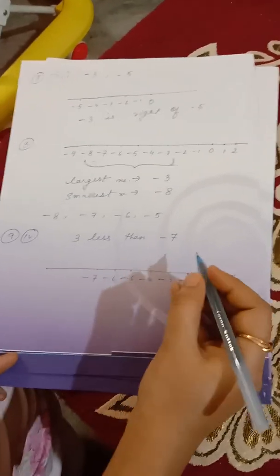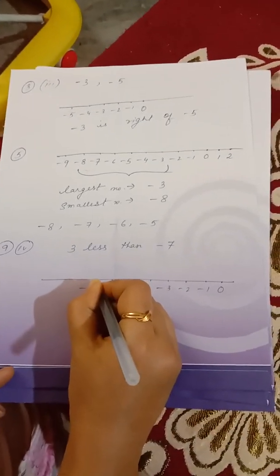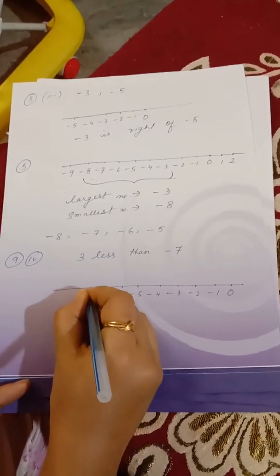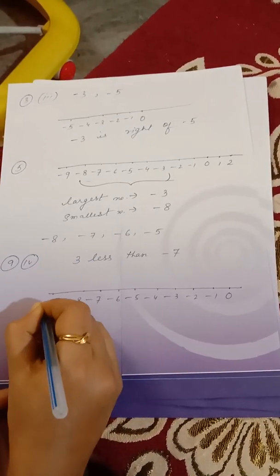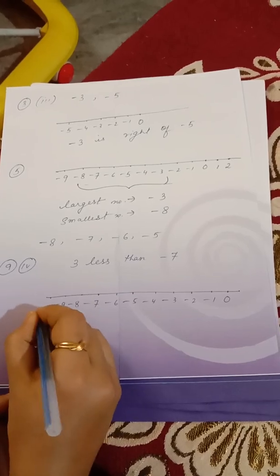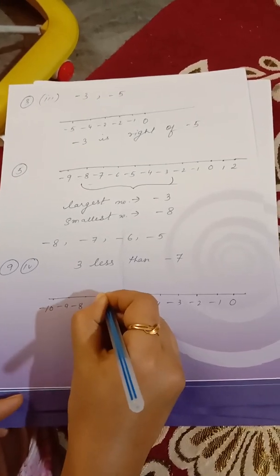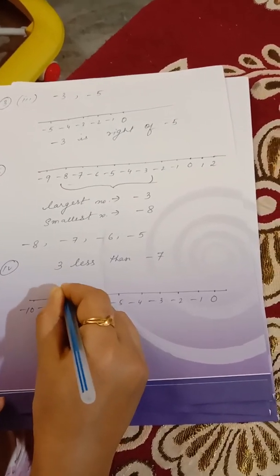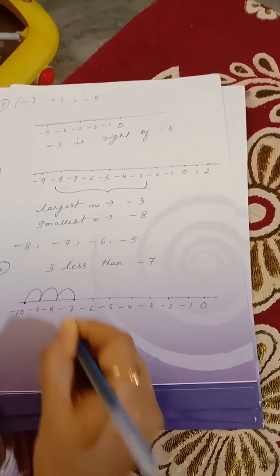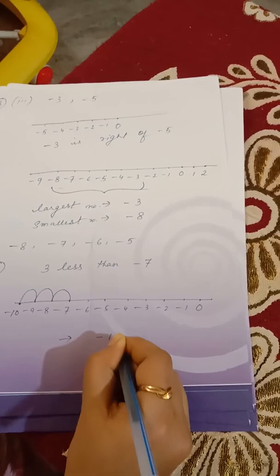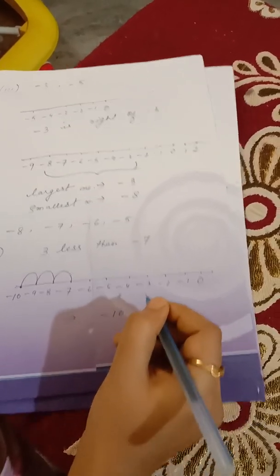So we will start from -7 and we will move 3 units to the left. 1, 2, 3. So the answer will be -10.